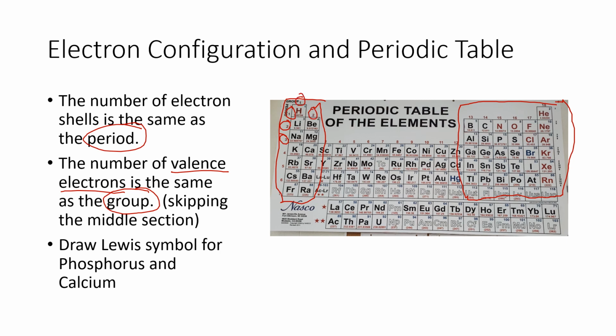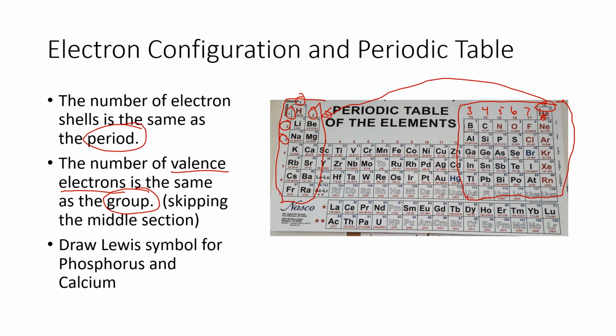Now you're going to skip this middle section because things are a little more complicated in there. And when you get over here to boron, just call that group number 3 for purposes of coming up with valence electrons. So 3, 4, 5, 6, 7, 8. And of course helium is an exception. It's full with 2, so it really belongs over here for this purpose.